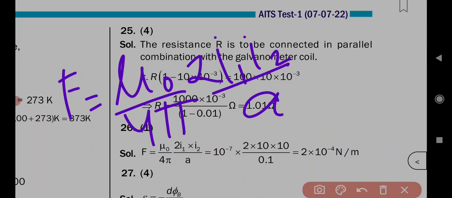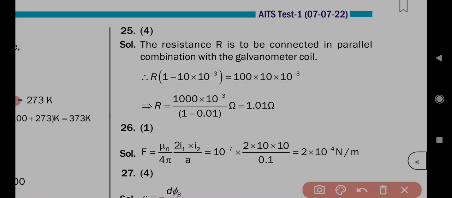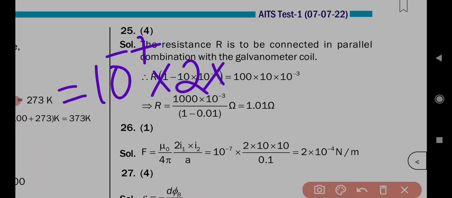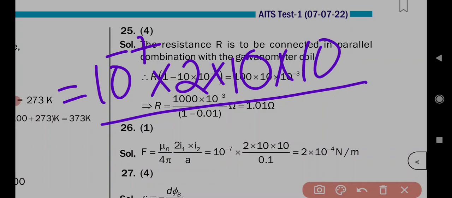So let's do it. Mu naught by 4 pi is nothing but 10 to the power minus 7, into 2. I1 is 10 amperes, I2 is also 10 amperes. The distance between them is 10 centimeters, so I can take 10 to the power minus 1.